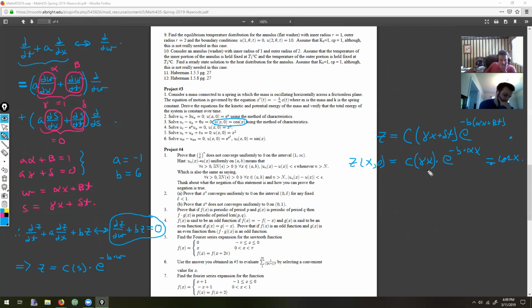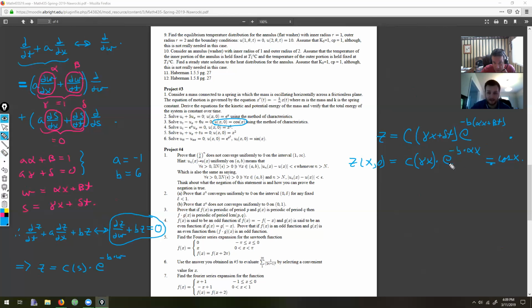Now we have some freedom of choice with these alpha, beta, deltas, and gammas. What do you think you'd want to pick them to be in order to find that function C? Alpha equals 0. Yeah, that would be nice and easy, because then this term would just go away and become 1.